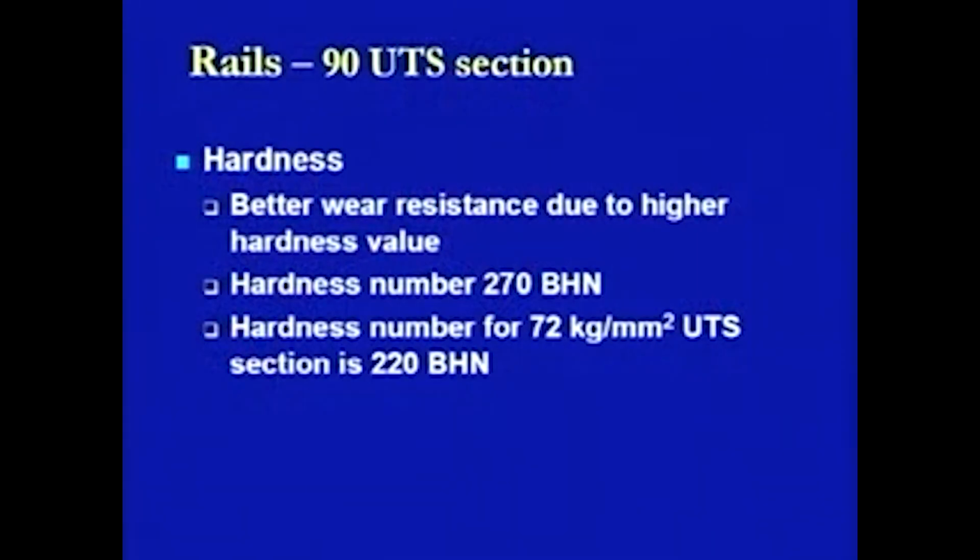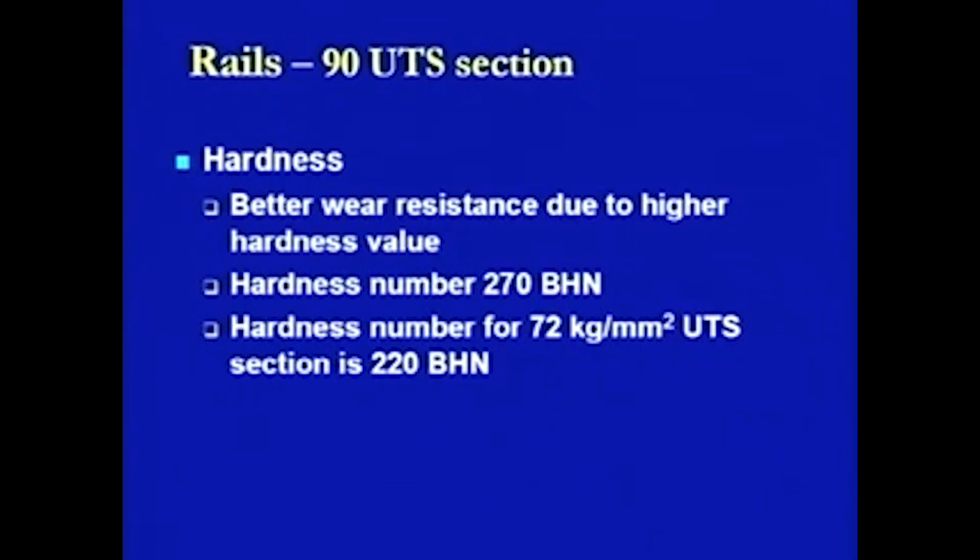Another characteristic of 90 UTS rail section is related to its hardness. They have better hardness. Due to higher hardness value, the wear is also lesser. The 90 UTS rail section has a hardness number of 270 BHN. This is Brinell hardness number, as you must have studied in the previous years.